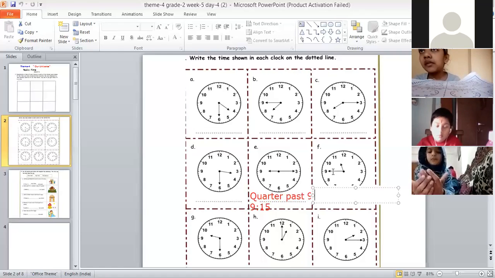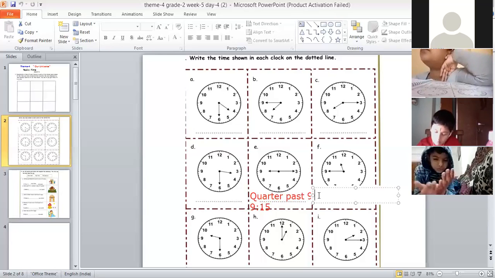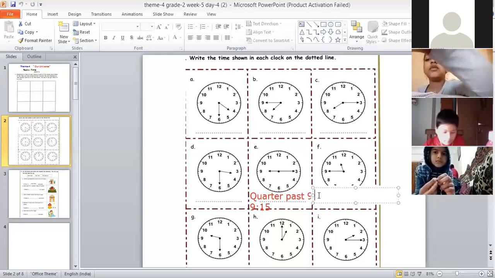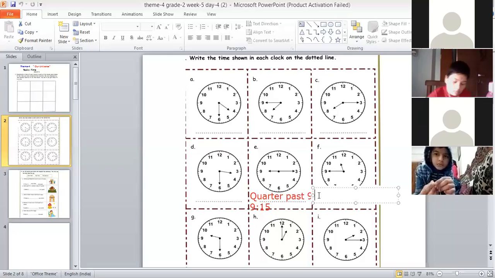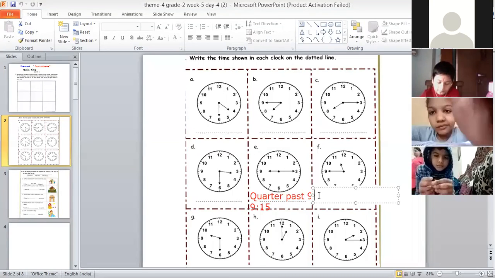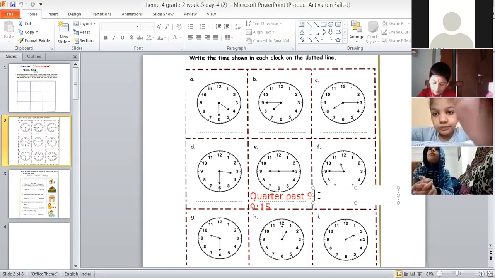See, children, in the sixth bit, the time will be 11:45. That's correct. Because your long hand is at 9 and the short hand has moved a little after 11, right? So it is 11:45 and it is about to reach number 12. So the time will be quarter to 12. That is 15 minutes before 12.